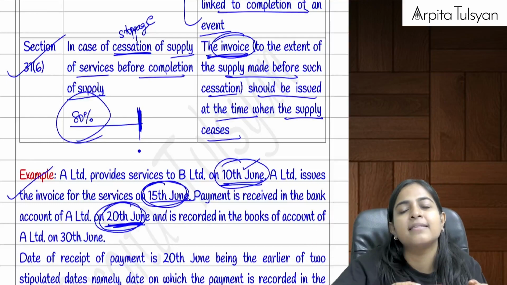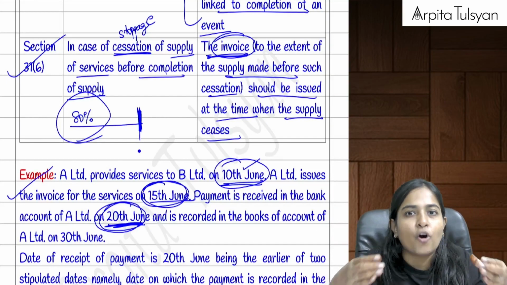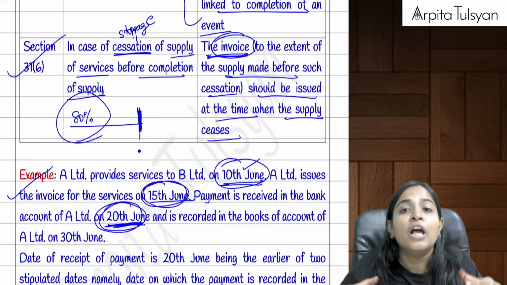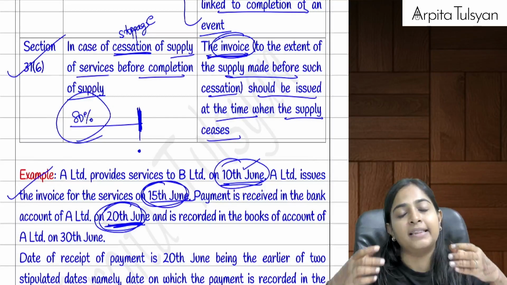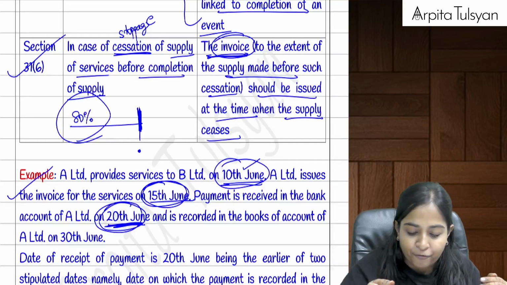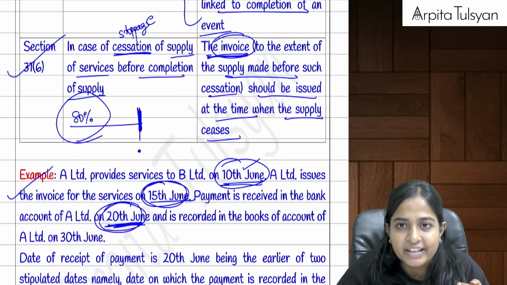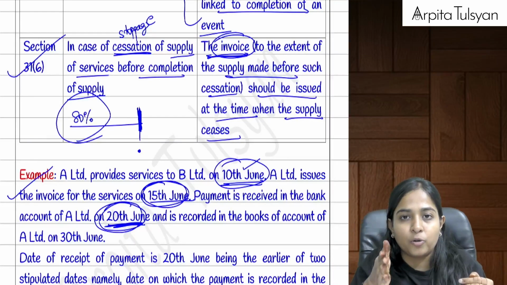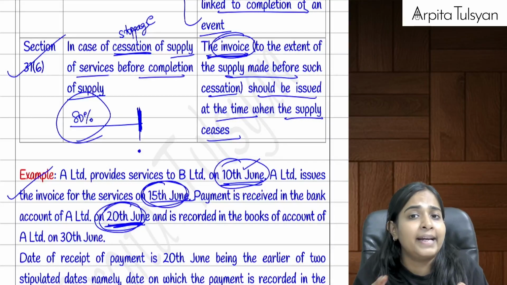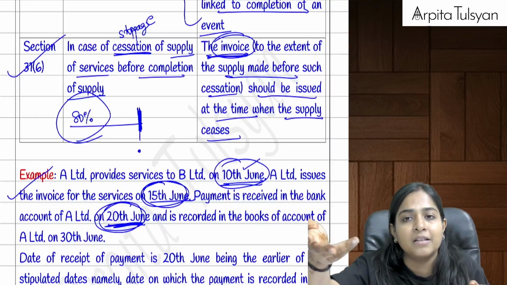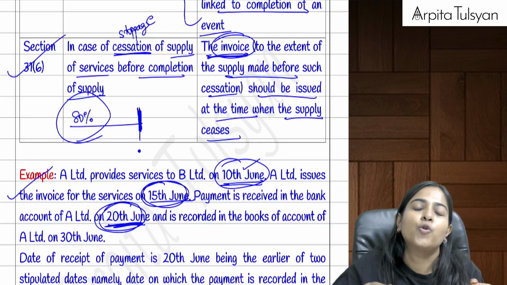The service stopped midway, cessation happened, so whatever proportion of supply has been completed, that much proportion of invoice for that much work done should be issued at the time when the supply stops. Let's say today the supply has stopped, and until today 80% of the service has been supplied. So for 80%, the invoice should be issued today.